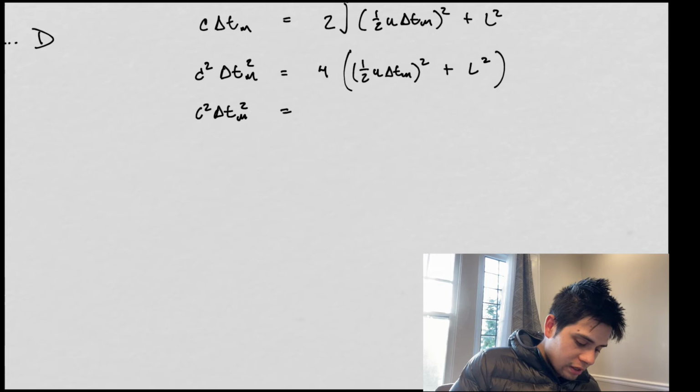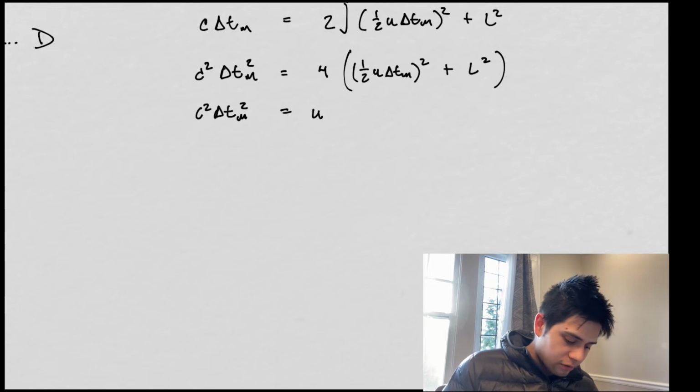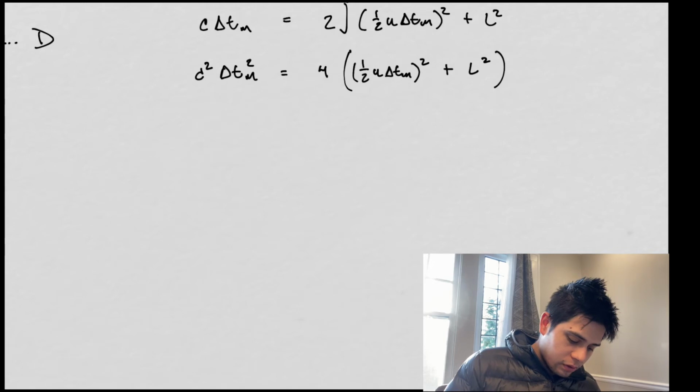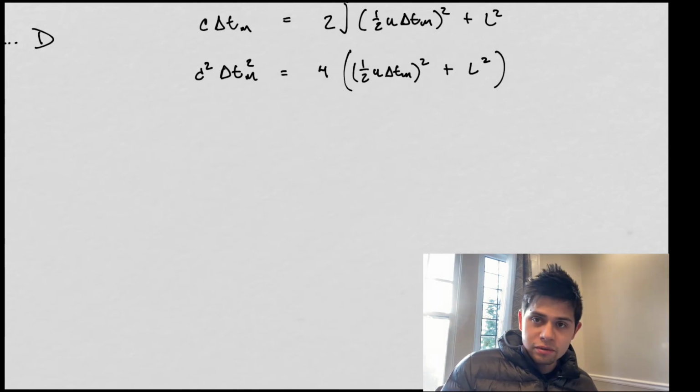So we're going to get u, how do I want to do this? Oh, in the book, they actually just take the 4 over. Let's do it like that. So we divide both sides by 4, right?